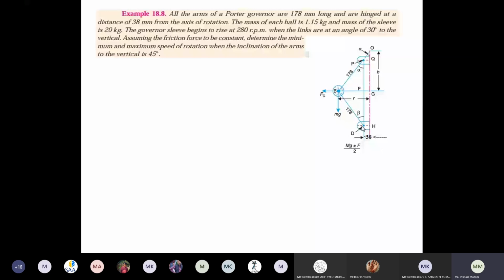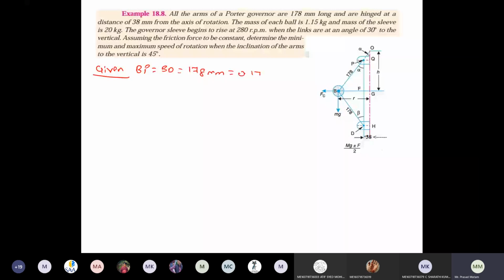Write the given data, what they have given. Length of the upper arm, BP, is equal to BD, that is equal to 178 mm, which is 0.178 meters.